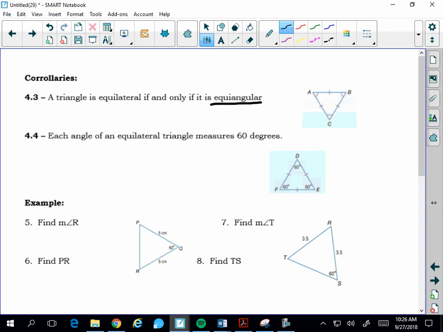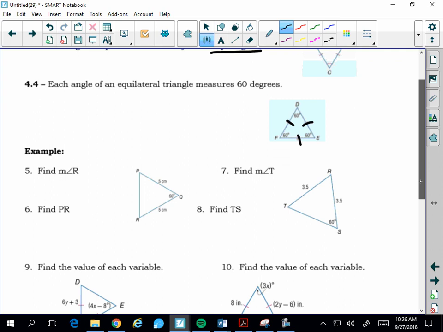And our second corollary kind of logically makes sense, because it tells us that each angle of an equilateral triangle measures 60 degrees. 180 degrees in a triangle, divide that by 3 angles, you're going to get 60 for each of them. And you'll also notice our more common definition that we've used to describe an equilateral triangle is all of its sides are congruent. So we've got equal angles and equal sides.